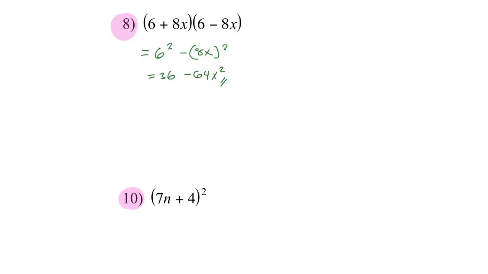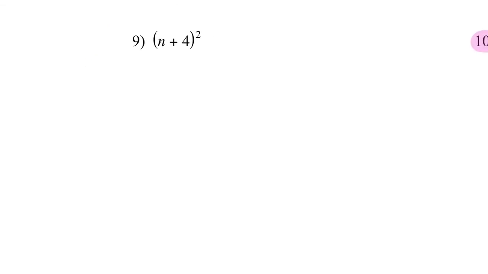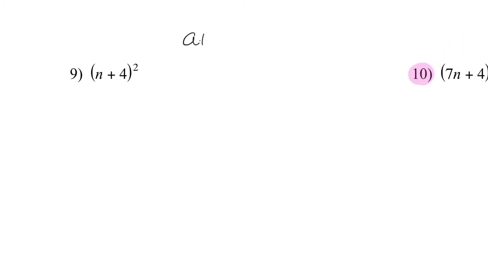Now, whenever I have a binomial square, like this one, this is the same as if I have a plus b squared or a minus b squared, right? It's going to be a squared plus 2 times the first one times the second one plus the last one squared.